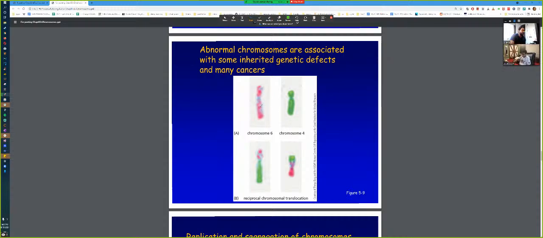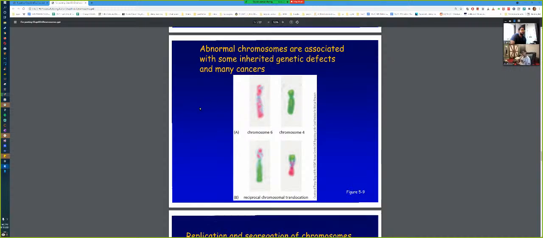Essentially the bottom half of this goes to chromosome 4, and the bottom half of this goes to chromosome 6, so that's why they split. It's like a reciprocal here.